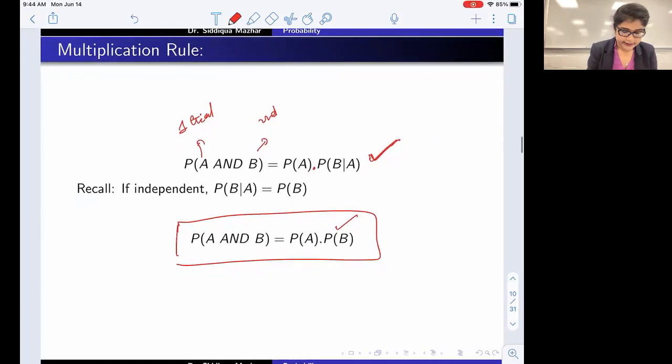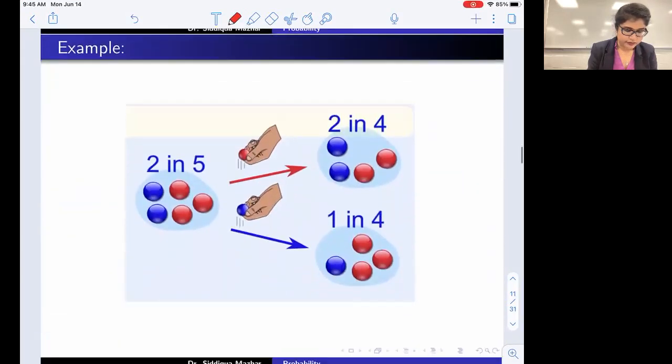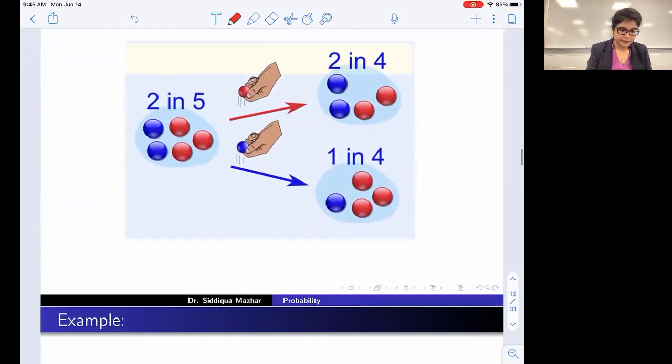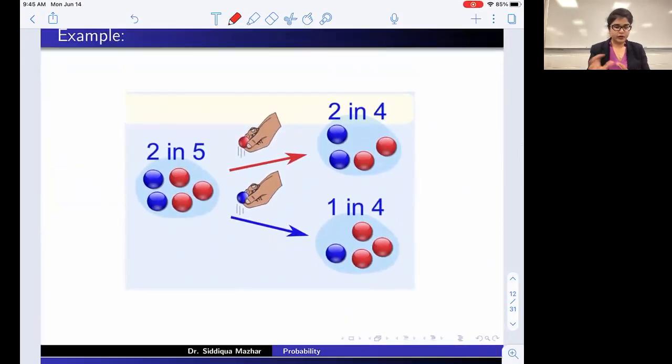Now let's look at some more examples of dependent and independent events. Let's say we have a bag of balls or marbles. In this example, we have 5 total marbles. 3 of these balls are red and 2 of these are blue.